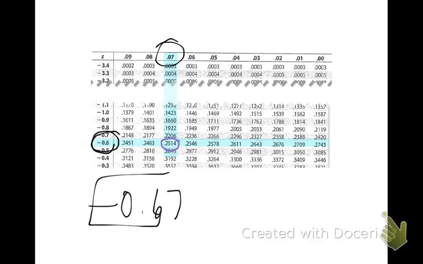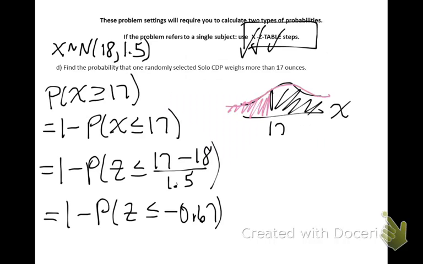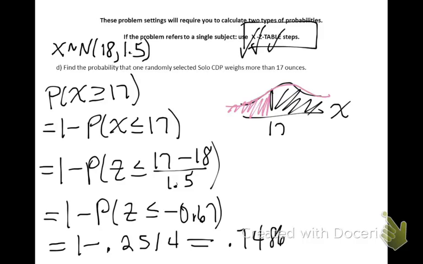Remember, the ones and tenths position is here, the hundredth position is here. So negative 0.67 has a probability of 0.2514. This gives a final answer of 0.7486. So there's about a 75% chance that the gun could weigh more than 17 ounces.